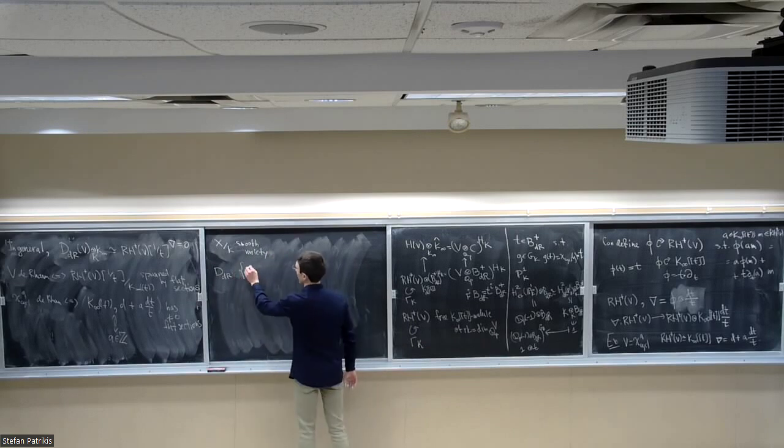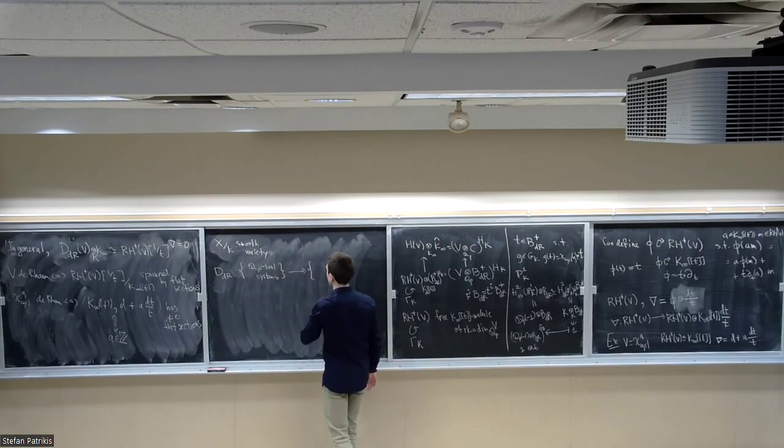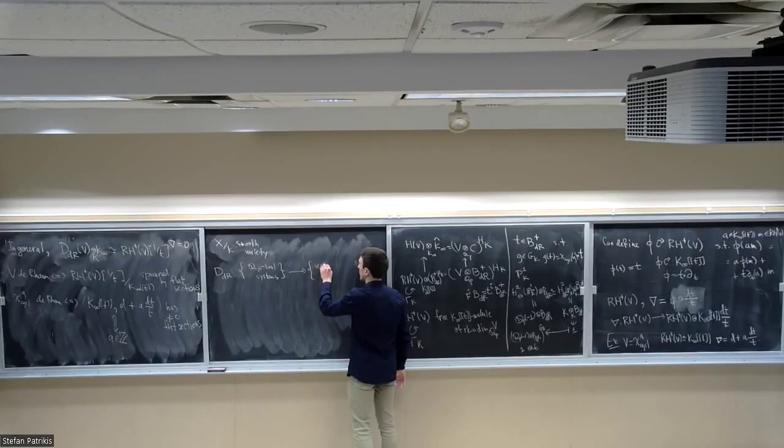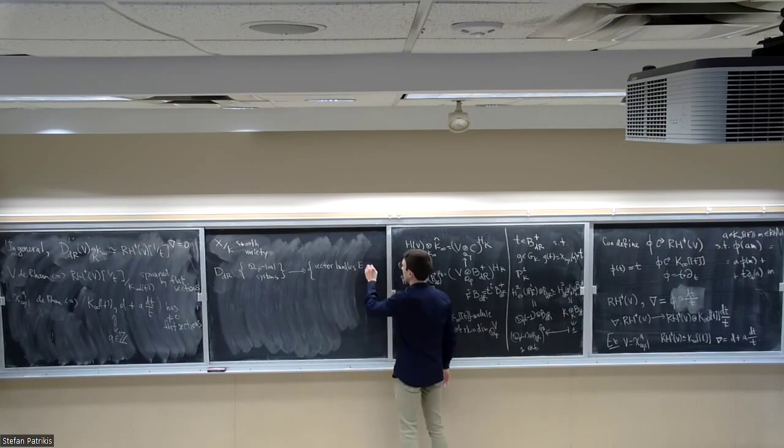We'll define a functor, which is the analog of D_dR, from local systems to vector bundles with a flat connection, say E, on X itself.